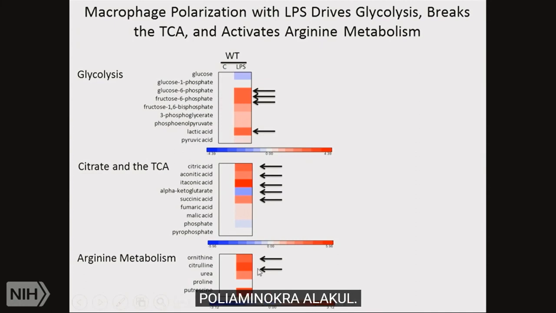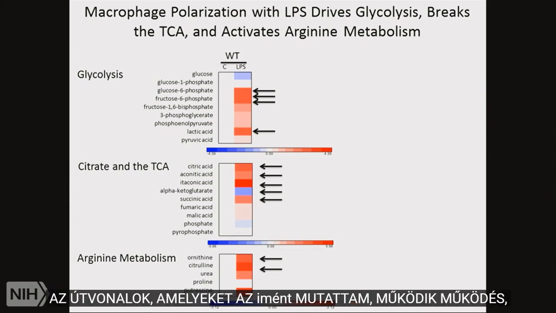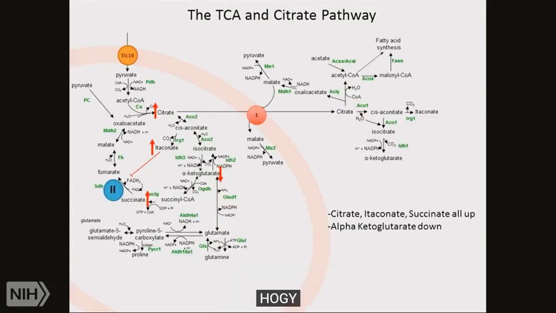So those pathways I just showed you, you can kind of see working as we stimulate the cells, right? So this is what it looks like overlaid. With us, there's an increase in citrate, which allows this stuff to come out and become substrates for enzymes in the cytosol. Not going to go into that a lot, but it also funnels in to itaconate.